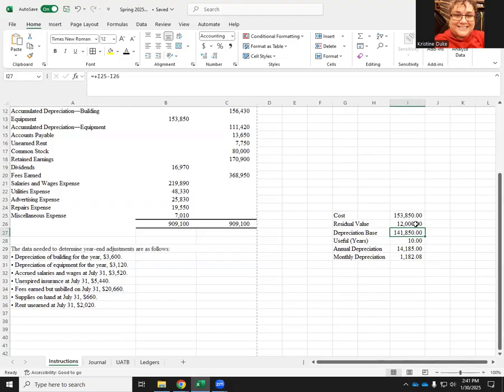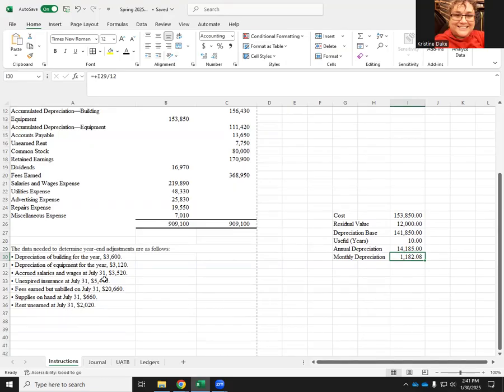And that's what we're doing. We're recording that financial cost to us over the life of that fixed asset. So cost minus residual value gives my depreciation base, divide by my useful life. And if you really need to, you can divide that by 12 to get your monthly depreciation. And that's how you do straight line depreciation.